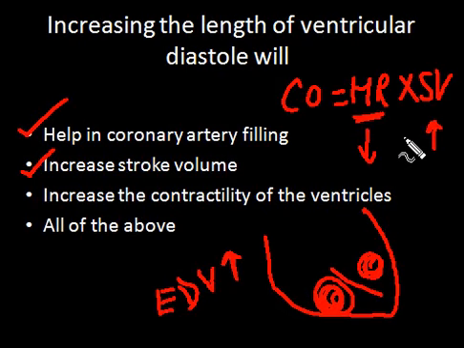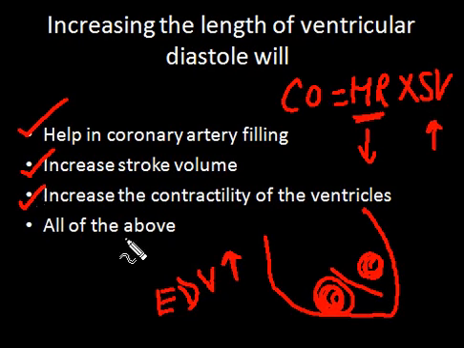The reason is, if the heart rate is low, the ventricles can relax for a longer time and fill with more blood. If they fill with more blood, they can push out more blood per beat, which means they can increase their stroke volume.